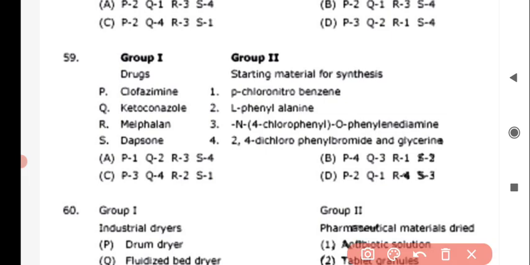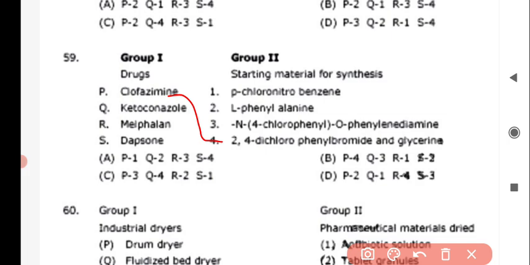In this question, the group 1 contains the drugs and the group 2 contains the starting material for synthesis. So in this, for the first drug, that is clofazimine, the correct answer is option number 4, that is 2,4-dichlorophenyl bromide and glycerine.